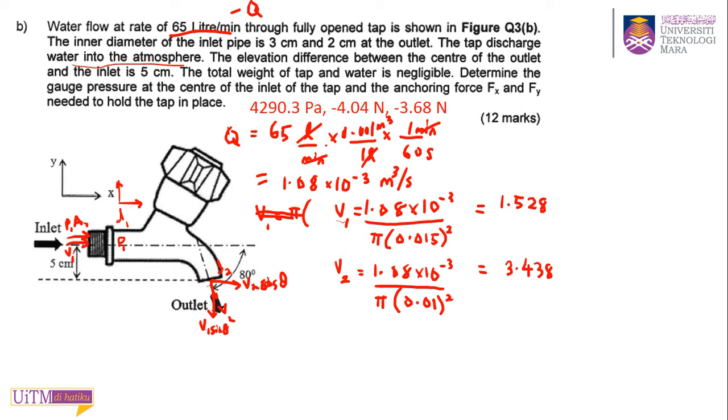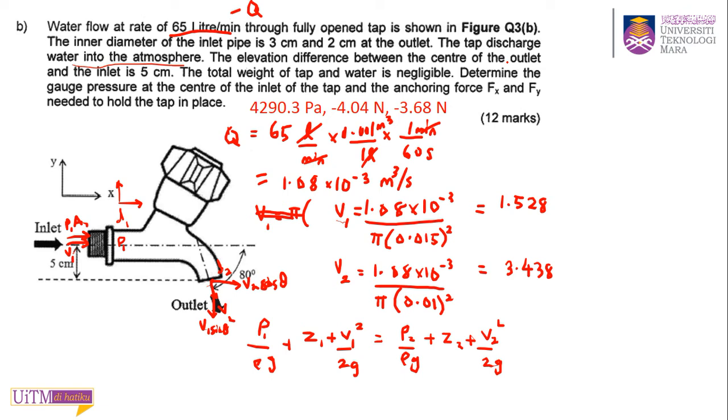So now, how do we find P1 using which equation? The Bernoulli equation. P1 over rho G plus Z1 plus V1 squared over 2G equals P2 over rho G plus Z2 plus V2 squared over 2G.